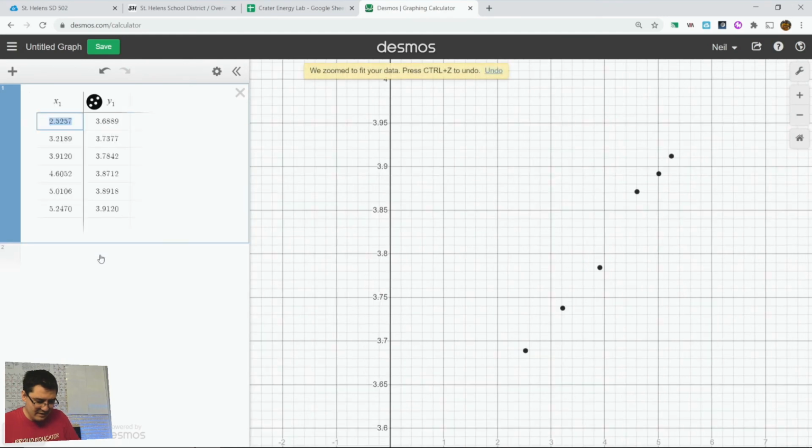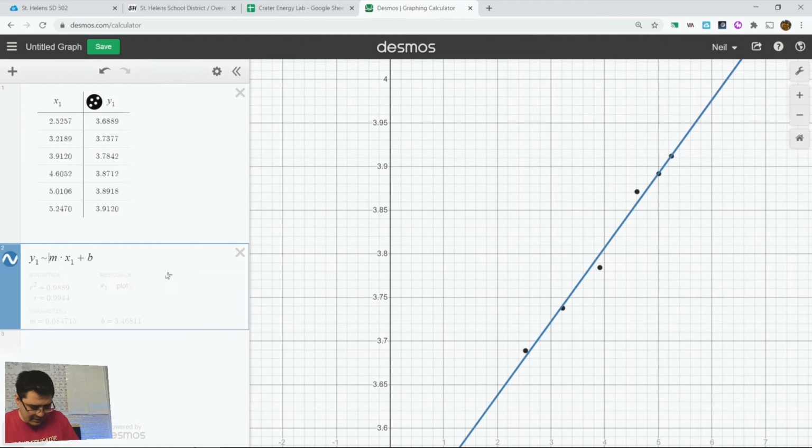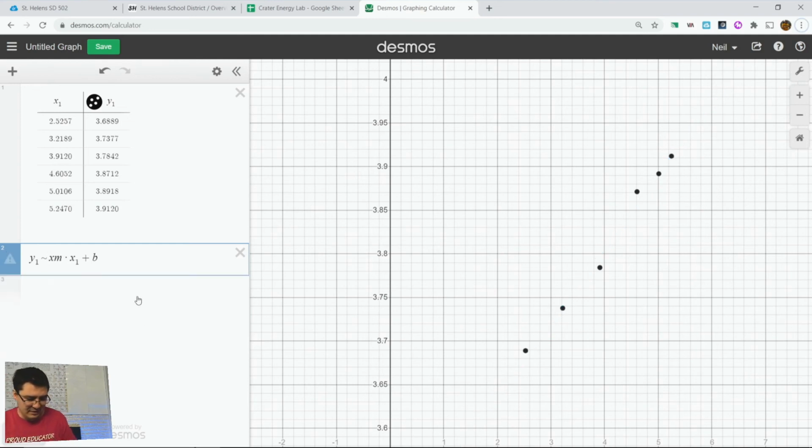And in here, you give it y1 tilde equals m1 times x1 plus b. And I get a slope, for a sphere, for my egg, the slope or the exponent is 0.084715, so 0.0847. And my b value, that's equivalent to the natural log of k, that's 3.468.